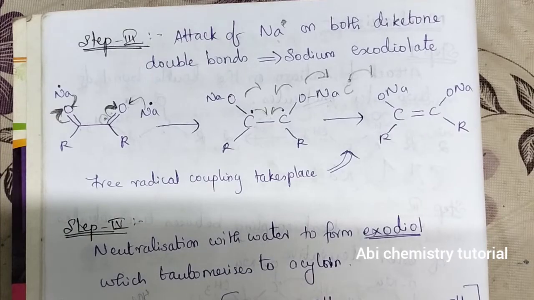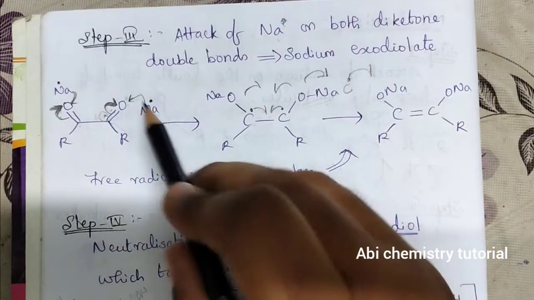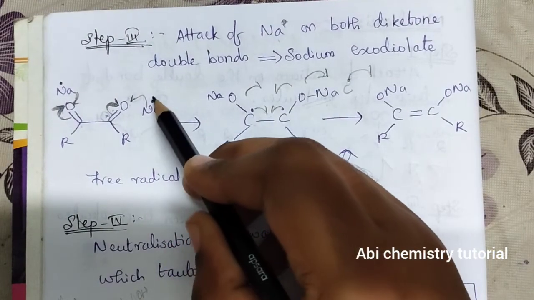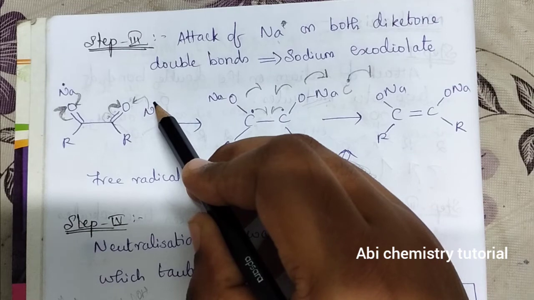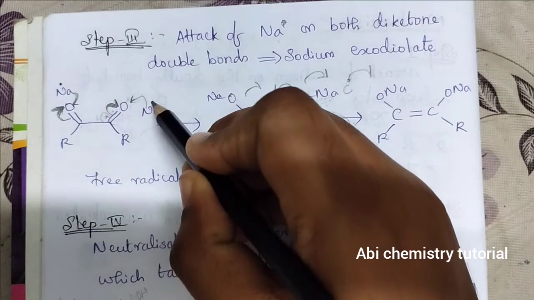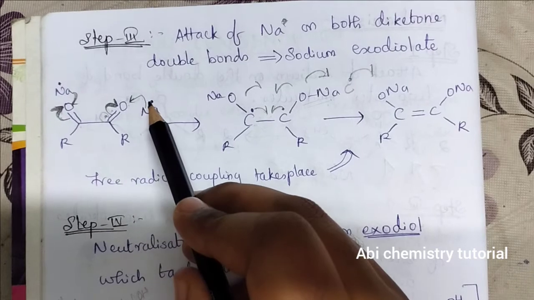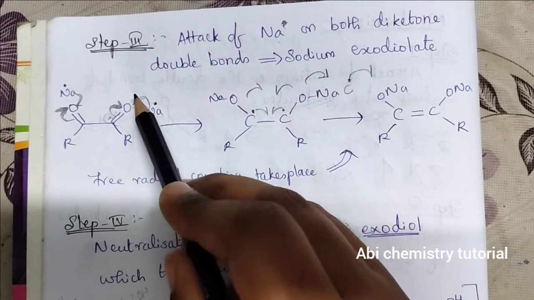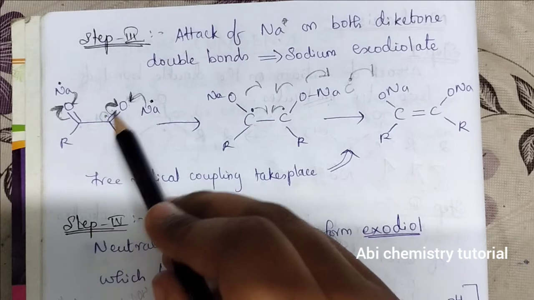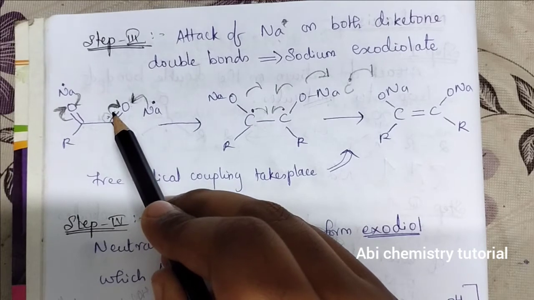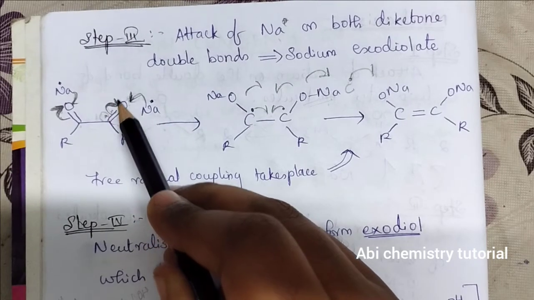So step 3 is the attack of sodium metal again on the diketone. Here you can see this sodium metal with one valence electron will give this electron to this oxygen. In this bond two electrons will be there, so one electron will be shifted over this oxygen.